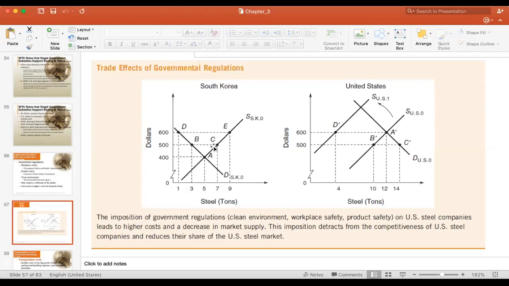Excess supply is always exports. Excess demand is imports. So what can I say about equilibrium? Do I have equilibrium or not? Yes. Very good. I have equilibrium. Therefore, this is the price I'm going to choose. I can't choose any other price, because if you choose any other price between 400 and 600, you may not have equilibrium.